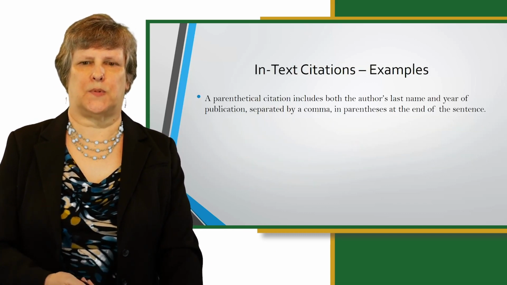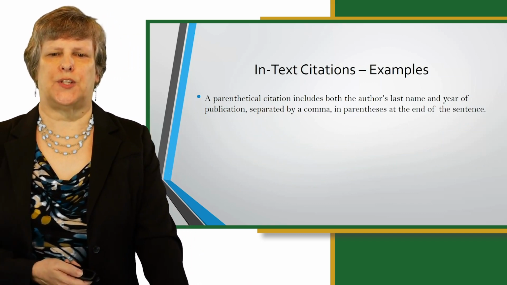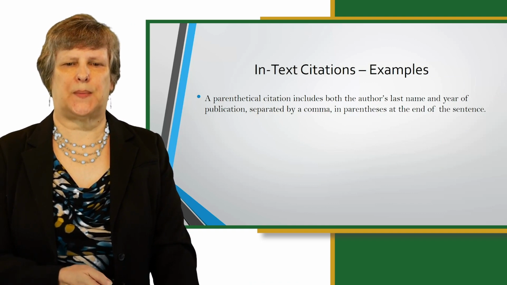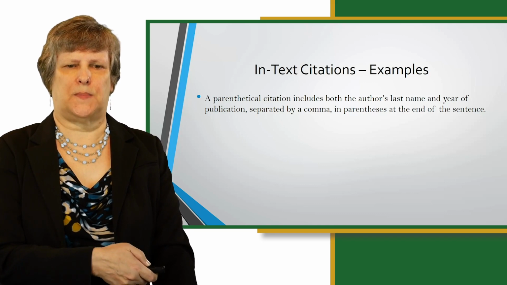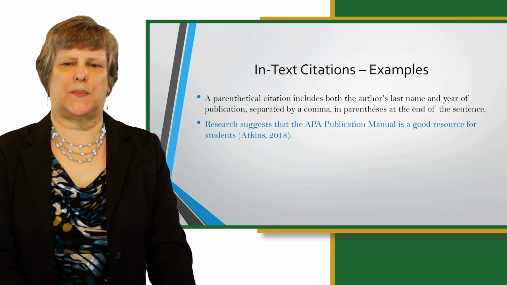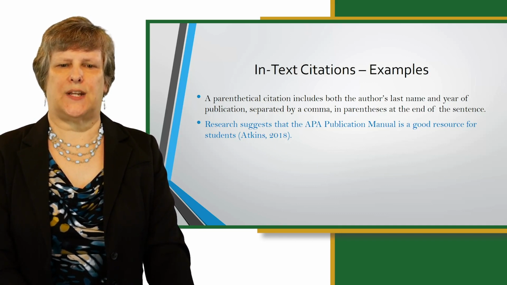Here are some examples. A parenthetical citation includes the author's last name and year of publication, separated by a comma, in parentheses. And here's the example. Research suggests that the APA Publication Manual is a good resource for students (Atkins, 2018).